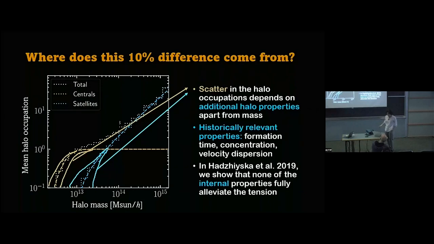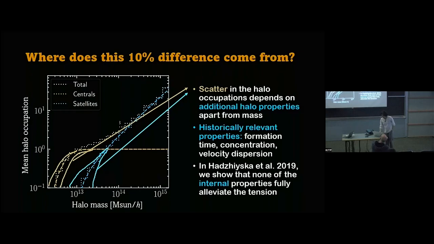And the scatter actually depends on additional halo properties apart from mass. What people have been historically studying are things like formation time, concentration, and velocity dispersion. While I do think that some of them help in reconciling these differences, in my earlier work from my PhD, I showed that none of these internal properties can fully alleviate the tension.